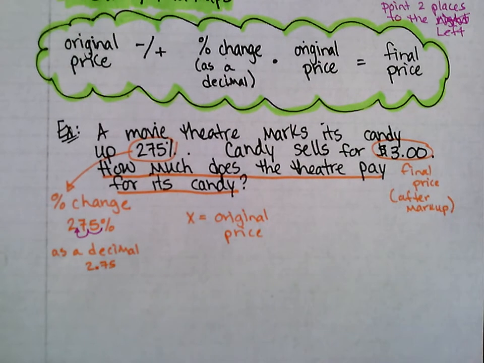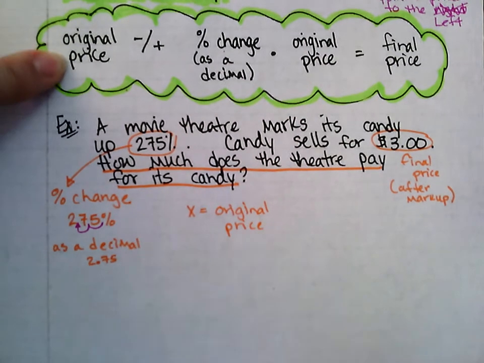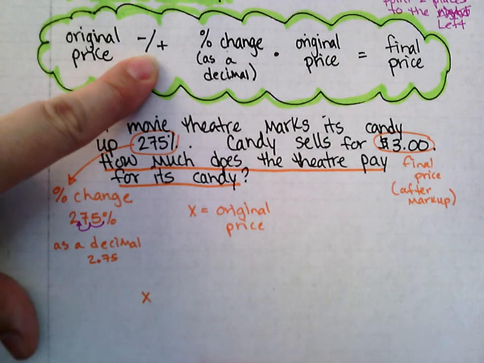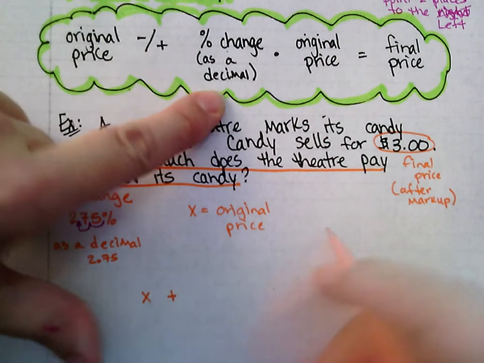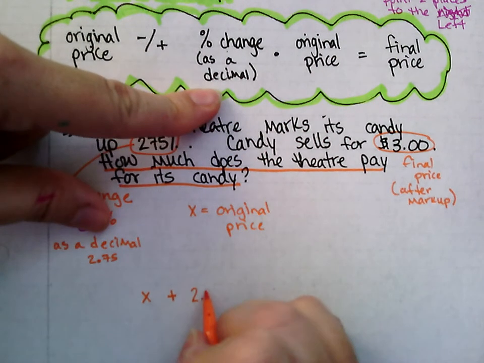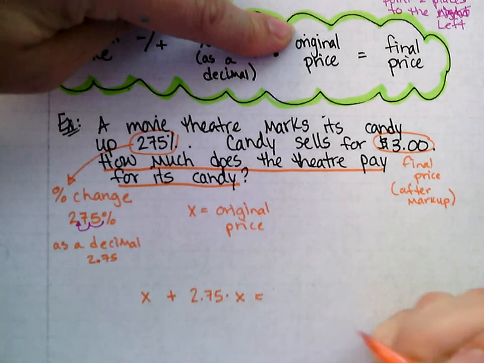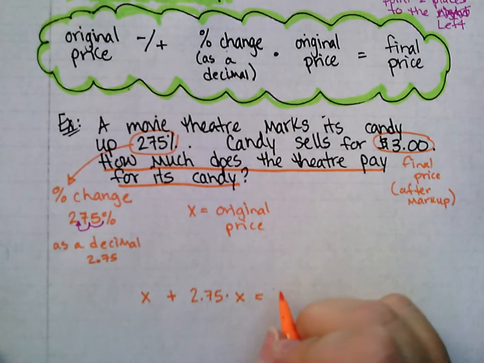And then we go through our formula. The original price, which was x, plus or minus, well, they're marking it up, so it's plus, the percent change as a decimal, which is 2.75, times the original price, which is still x, equals the final price, which was $3.